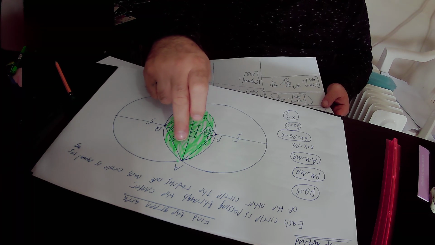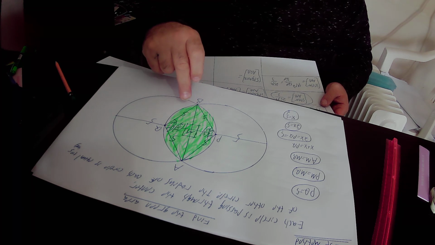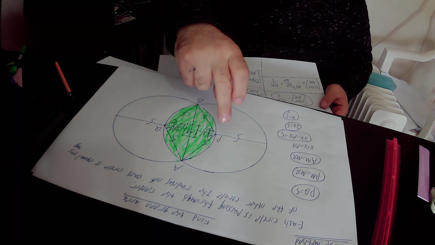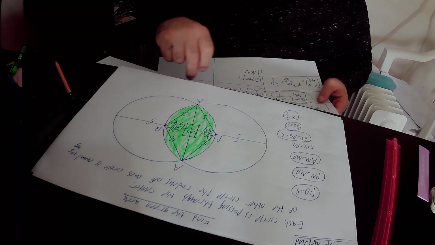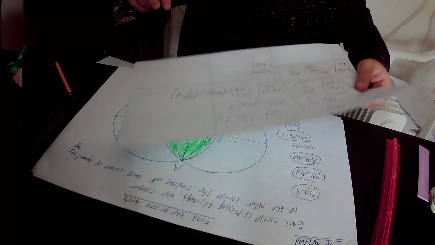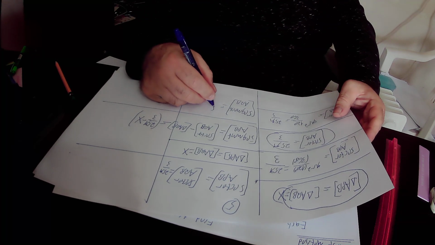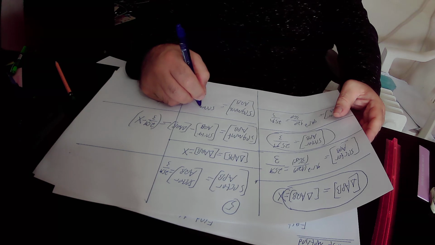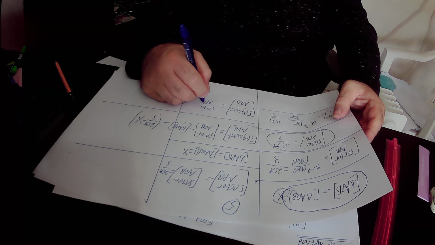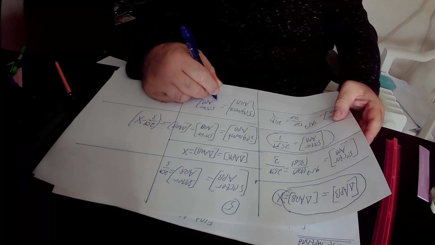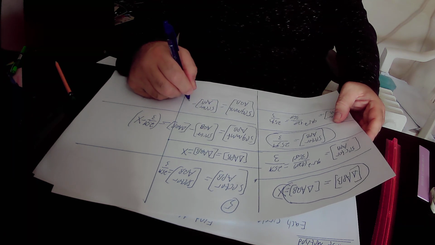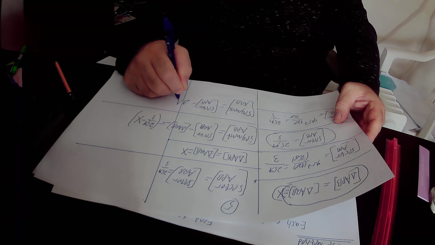The area of segment AQB will be equal to the area of sector APB minus the area of triangle APB. So it is equal to the area of sector APB minus the area of triangle APB.